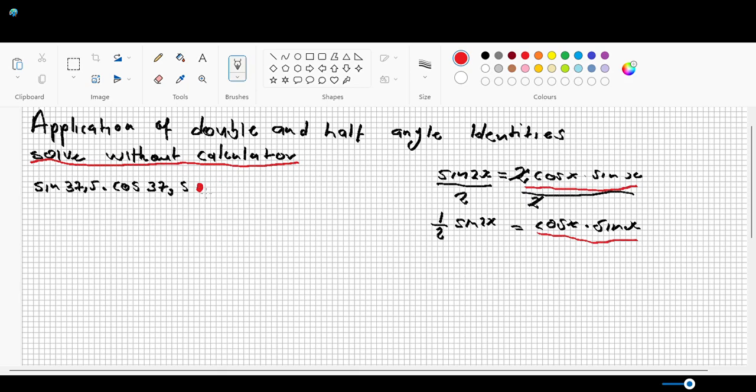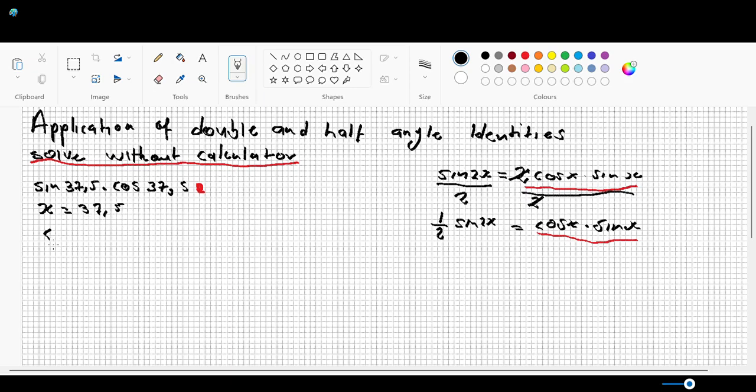Now look at this side again. If you look at this side, you can see that we only have sine of an angle multiplied by cos of the same angle. So we can say x is equal to 37.5.